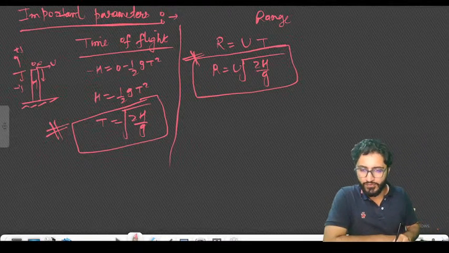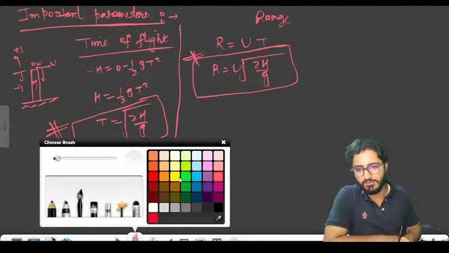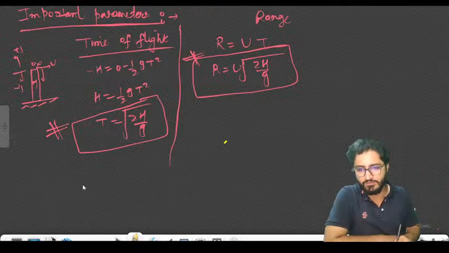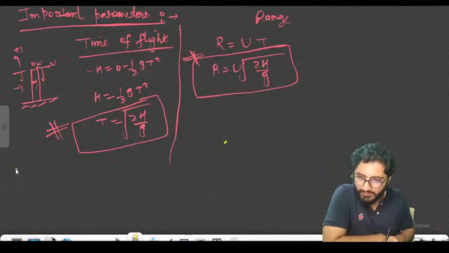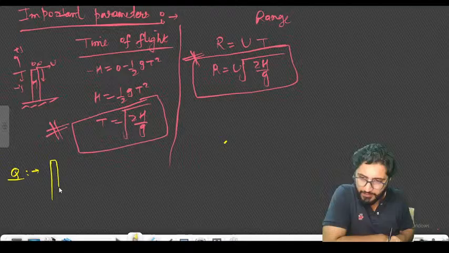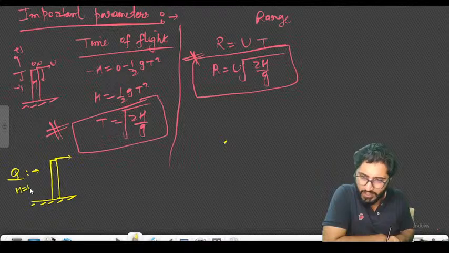Look, I will be showing you a numerical based on these two things. Suppose we have a question here, where we throw something from the top of the tower, and the height is given as 490 meters. Speed is 98 meters per second. What will be time?